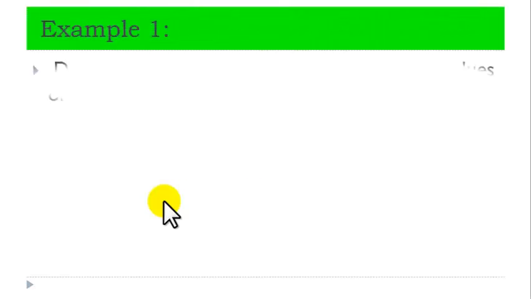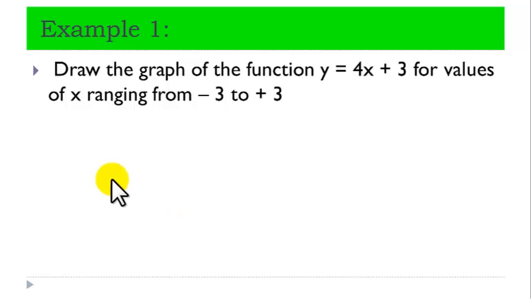Example 1. Let us draw the graph of the function y equal to 4x plus 3 for values of x ranging from minus 3 to plus 3. Solution. First, we have to construct a table of values for this graph, and the range of values of x is given to be from minus 3 to plus 3.